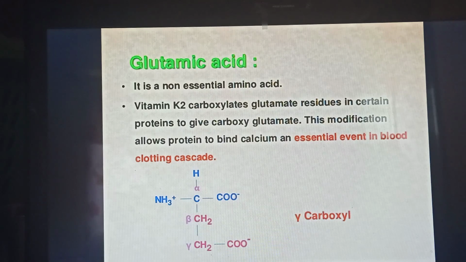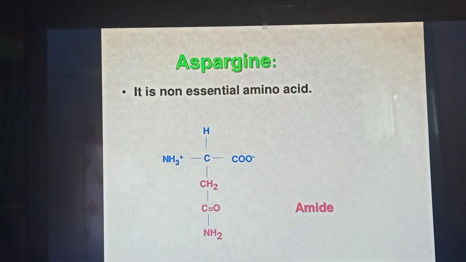Now, glutamic acid. The glutamic acid structure is the same, with CH2, CH2, COOH. One more CH2 is added compared with the previous structure. Now, asparagine. There is a C double bond O group, along with an amino group NH2, so two amino groups are there.